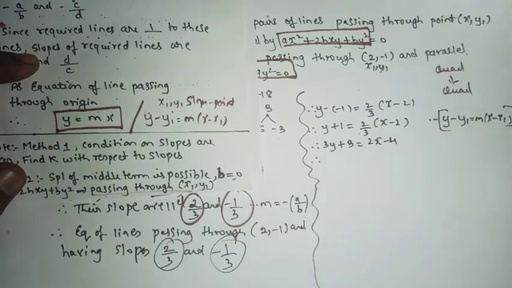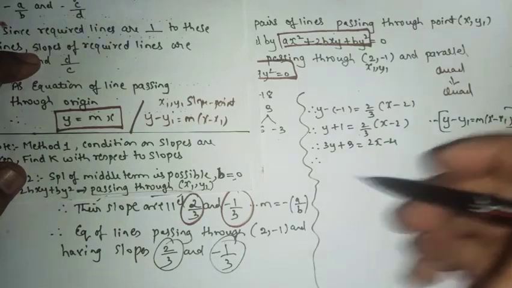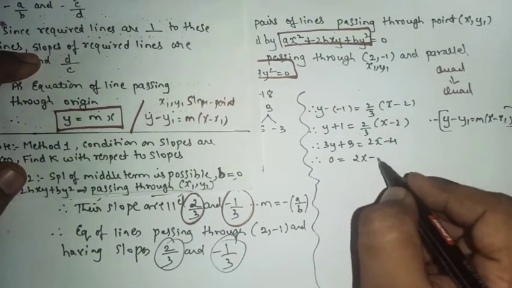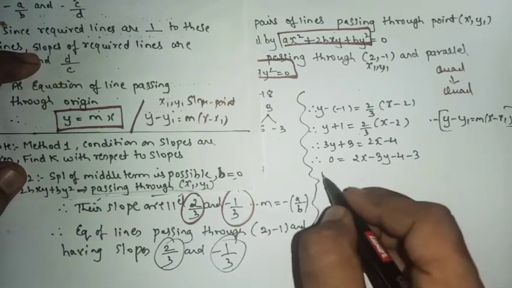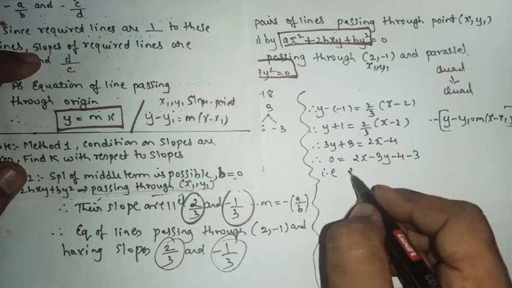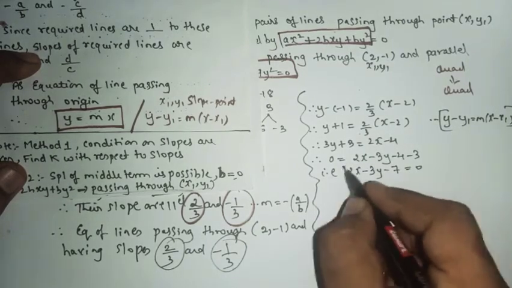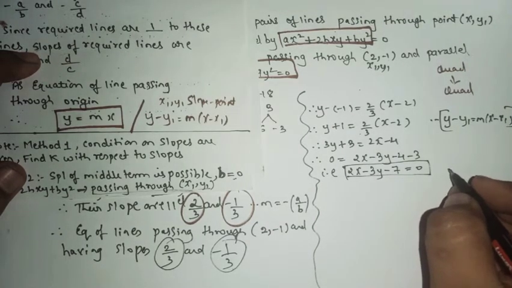Arrange the equation in such a way that the sign of x should be positive. So we'll shift all the numbers to that side, so 2x minus 3y minus 4 minus 3, that is 2x minus 3y minus 7 equals 0. Yes or no? Got the point?